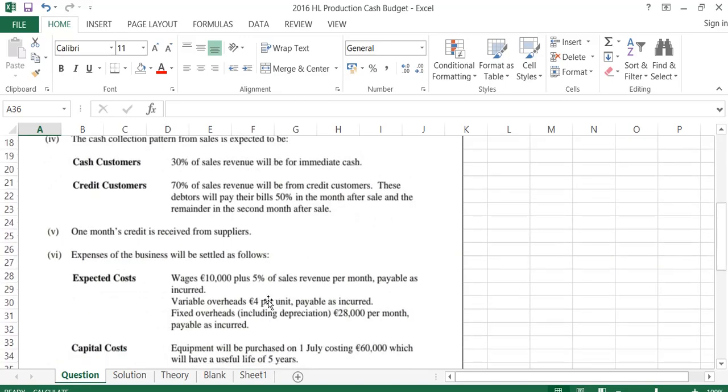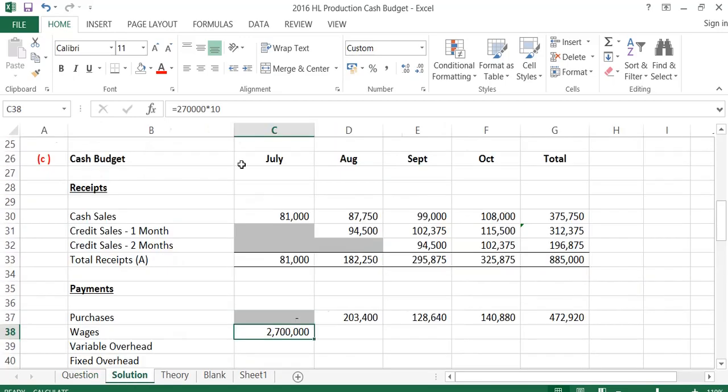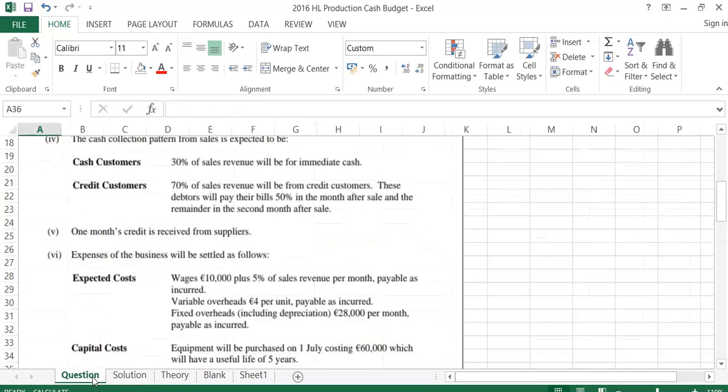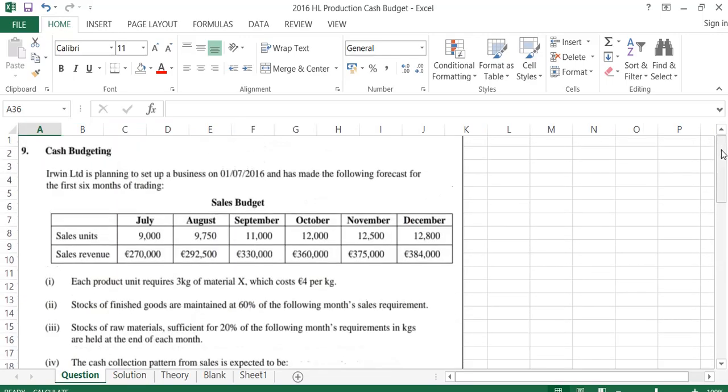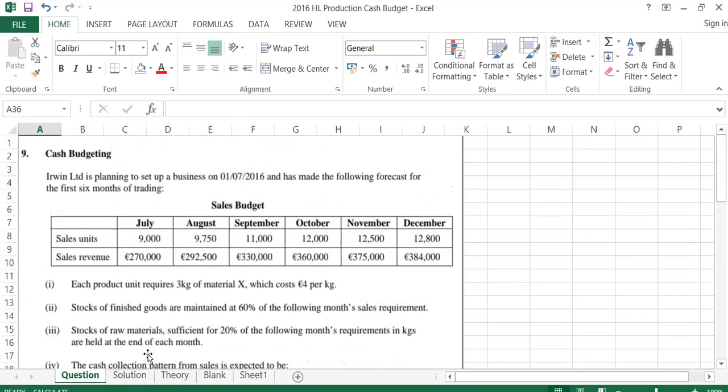If I go back to my wages, it's 5% plus 10,000. So it's 270,000 by 5%, and then plus 10,000. Which is 23,500.